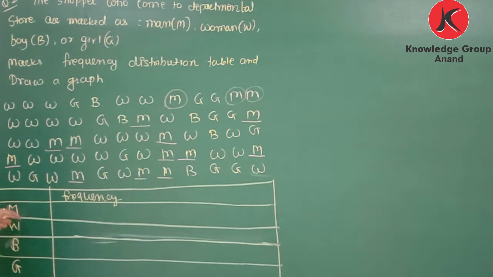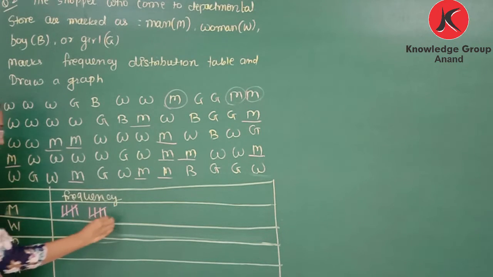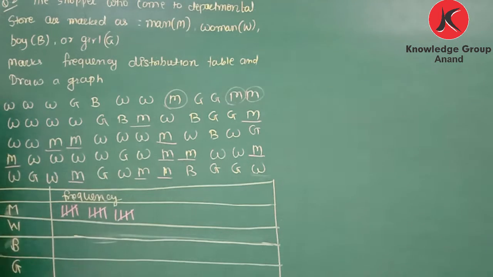So M is 15. So we need to represent 15 with tally marks. So here 5, 10 and 15. It means 15 men visited the store.